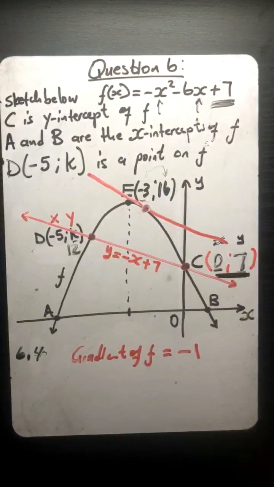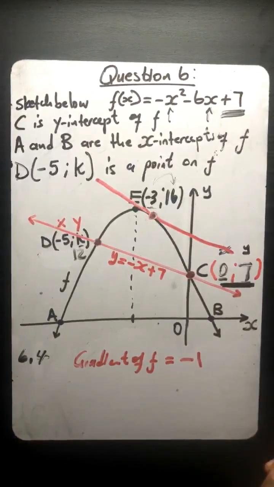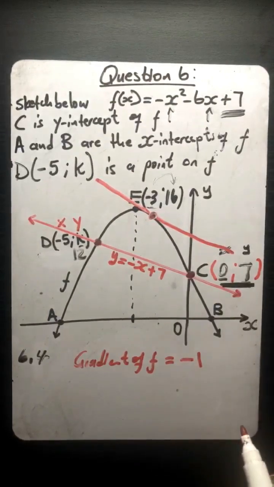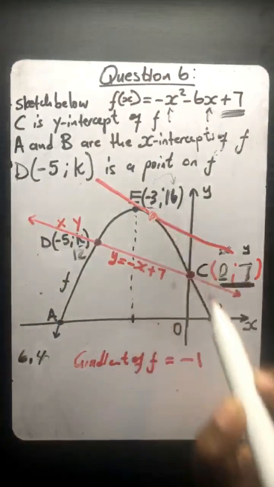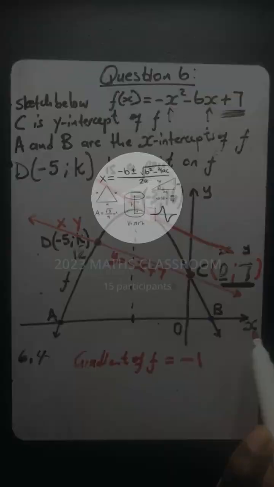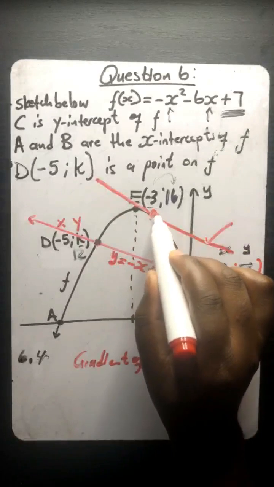There will be a special lesson when we get to differentiation, where I will show you how you determine the gradient and where the formula for the gradient of the parabola comes from. You might also understand it now when I explain. But what you need to remember is that right at that point, the gradient of this line is equal to the gradient of this parabola at that point.